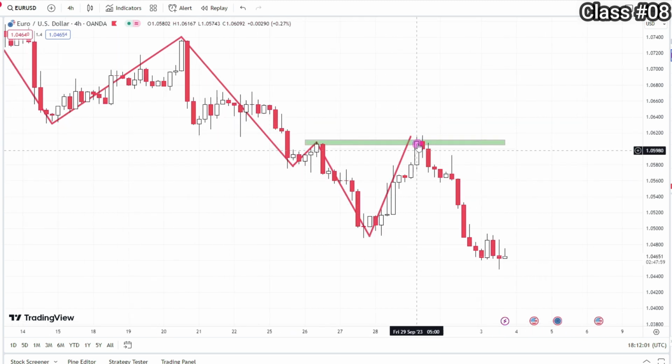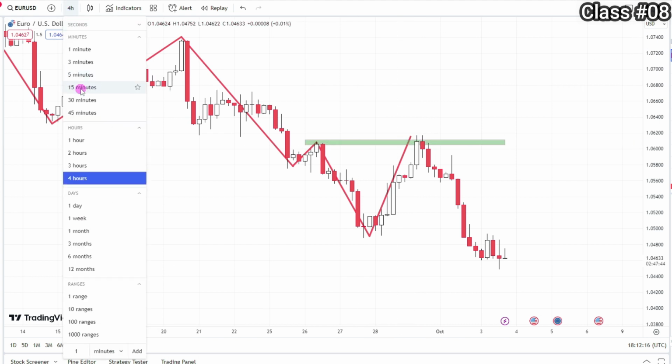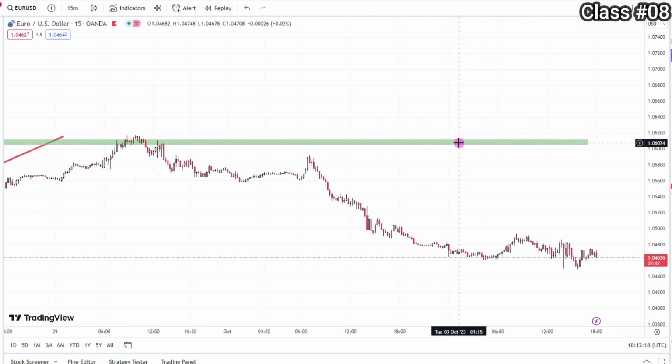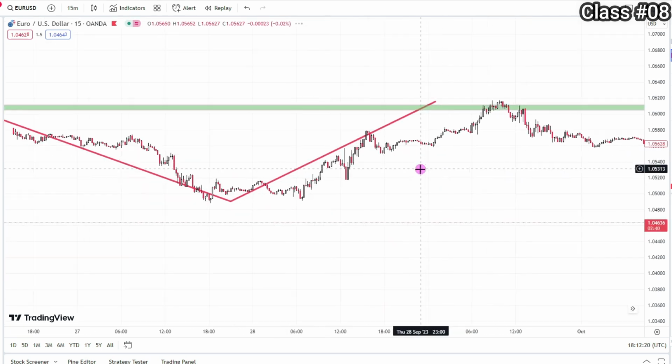This is our resistance zone. So when the market reaches our resistance zone, we'll shift our time frame into the 15-minute time frame. So the market is in our resistance zone, and we'll shift our time frame into the 15-minute time frame. So this is the 15-minute time frame.